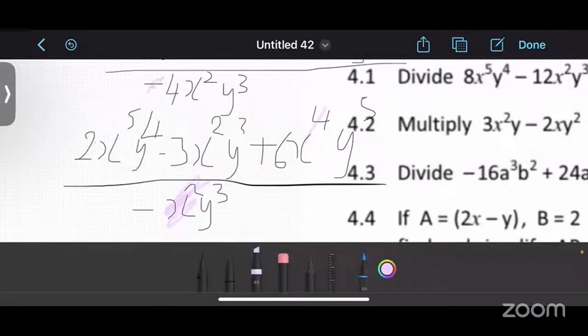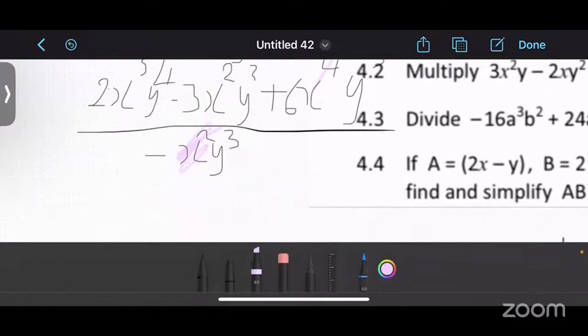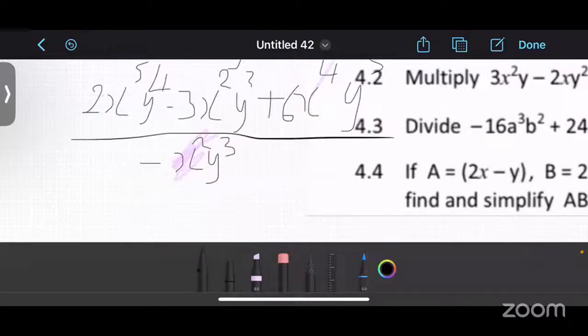I subtracted 2 from everything with 2. And then for my y's, I subtracted 3, so my exponent 4 minus 3.